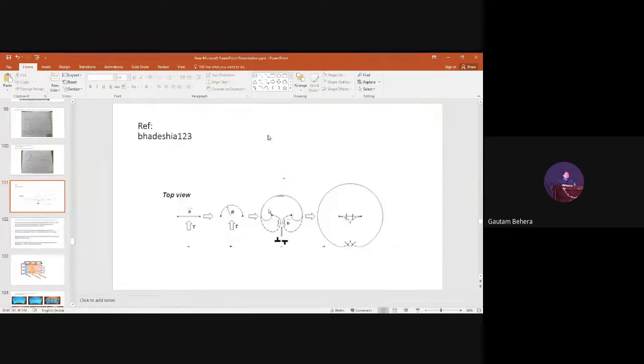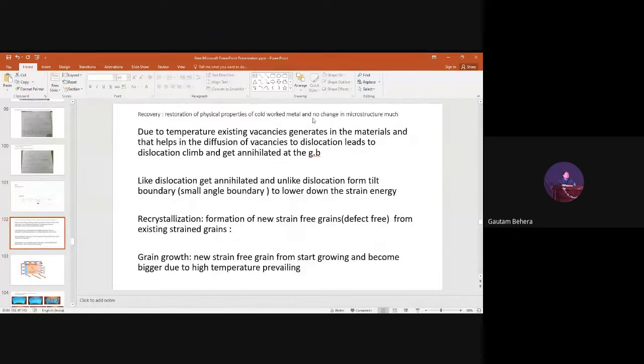So there is restoration of the physical properties of the cold worked metal, but no change in microstructure. Some people say that due to temperature, vacancies are generated in the material, and that helps in the diffusion of vacancies. So dislocation climb happens and dislocations get annihilated at the grain boundaries. These are some of the things which may happen during recovery.